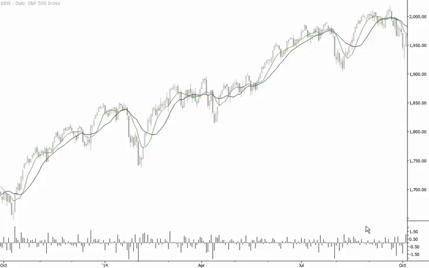So I can color the bars according to the moving average cross. Let's turn that on. So you see here now what I've done is when the fast moving average is above the slow moving average, the bars are blue. It's a very quick way to be able to look and say, okay, uptrend or downtrend. We can also do the same thing to the percent returns at the bottom.